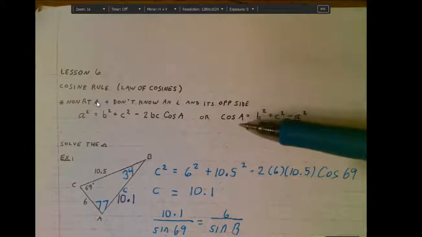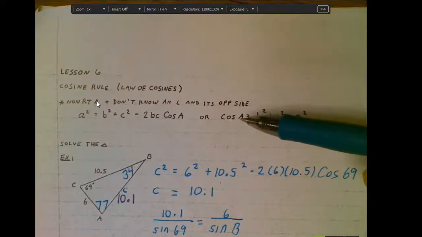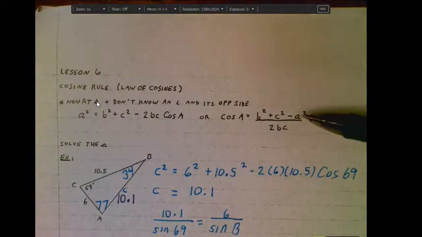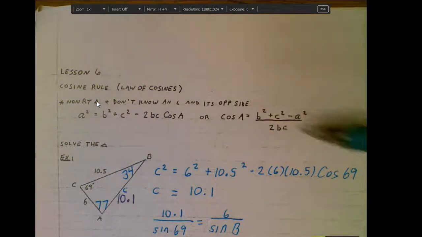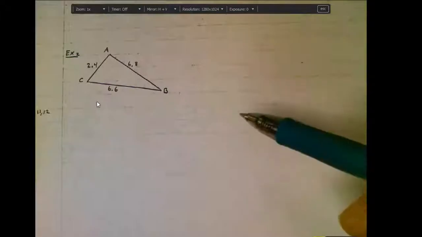Most importantly, just remember that whatever this angle is that you're solving for, this has to be the side across from it. And these are just the other 2 sides. So the letters are irrelevant. You just have to make sure that certain things match up within the formula.